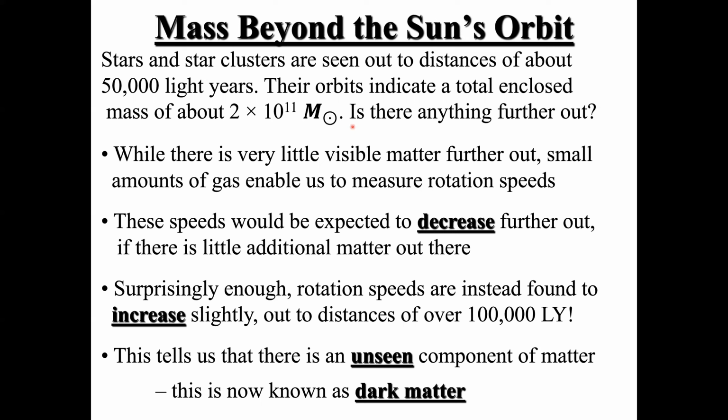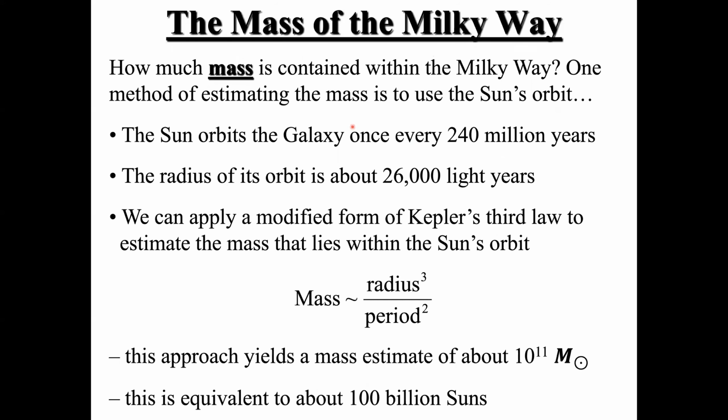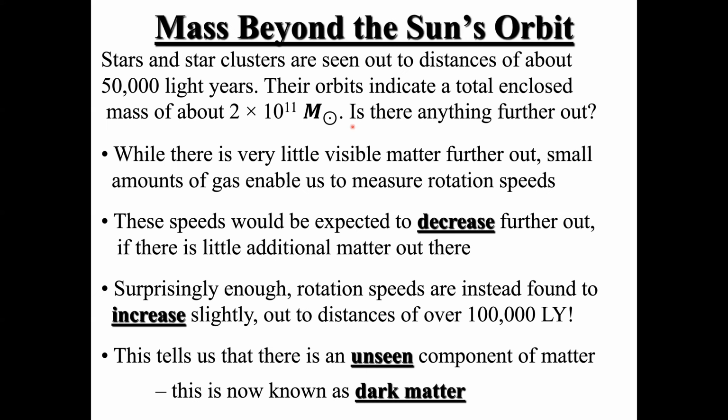Now, if you look at the mass which is beyond the orbit of the sun, normally you can see stars and star clusters out to a distance of 50,000 light years. Our sun is around 26,000 light years away from the center. But when you observe, in our galaxy we have stars and star clusters up to 50,000 light years away from the center, right?